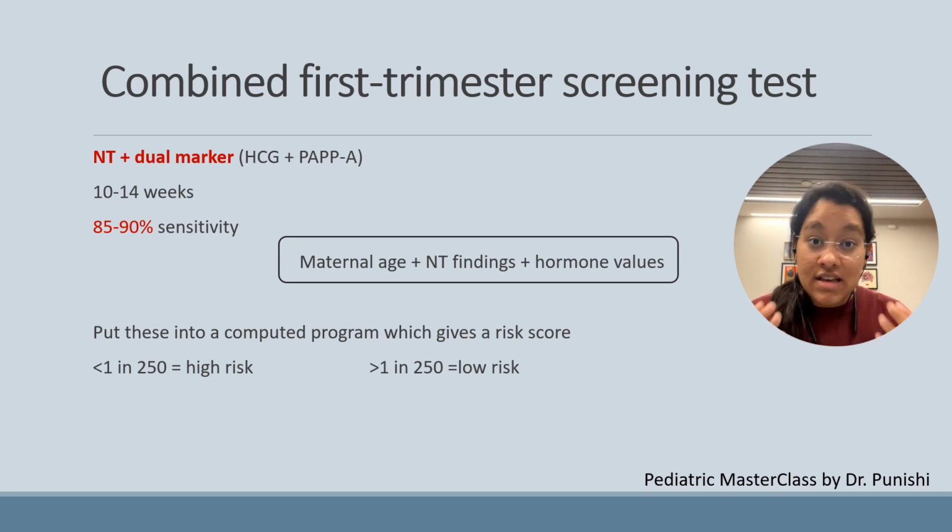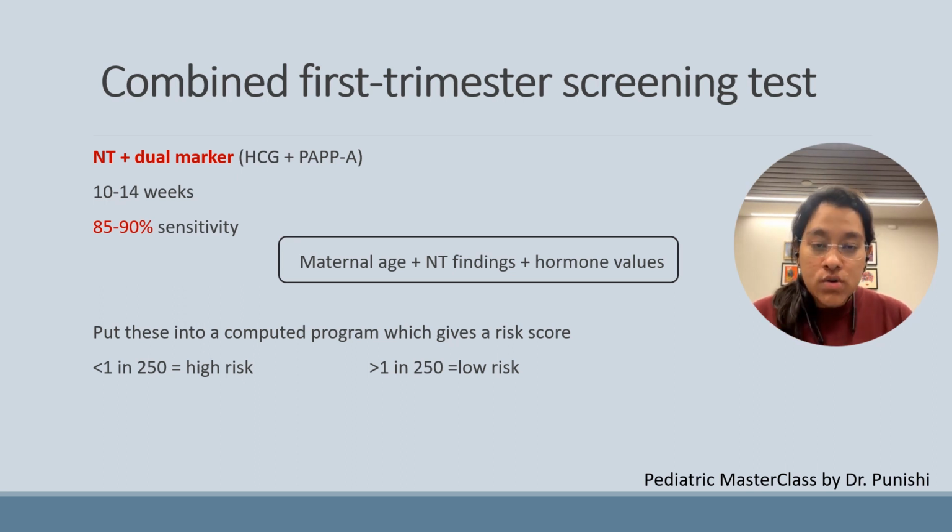Having said that, this is again a screening test, so your other 99 fetuses might just be normal and will not have Down syndrome. Whereas on the other hand, let's say you get a score of 1 in 1000. That means it's low risk and probably 1 in 1000 fetuses can have Down syndrome.